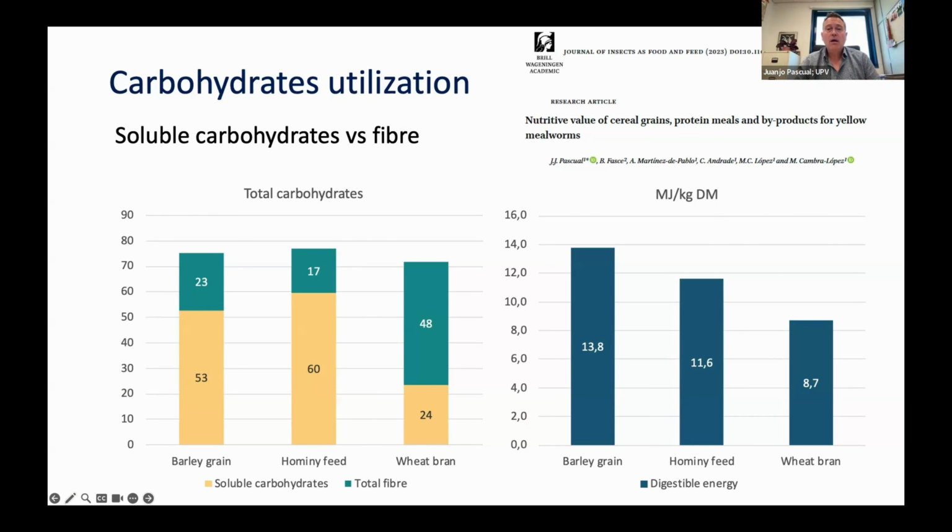This is mainly due to the higher amount of soluble carbohydrates in the barley grain, in the yellow bars, compared to the wheat bran.